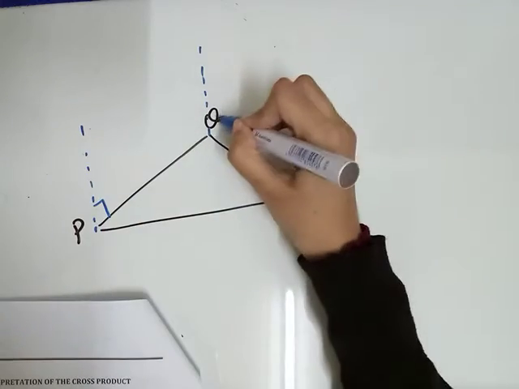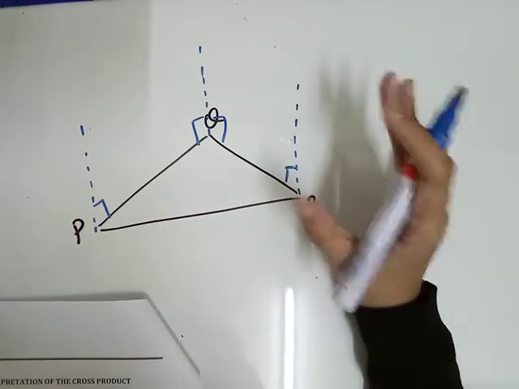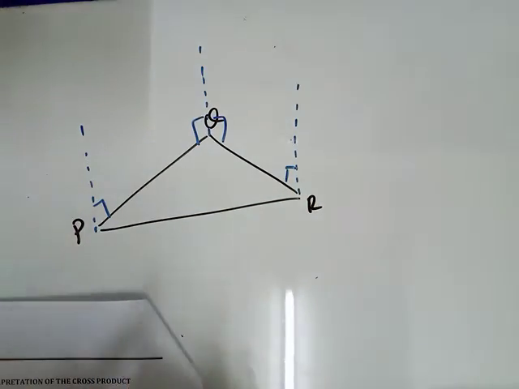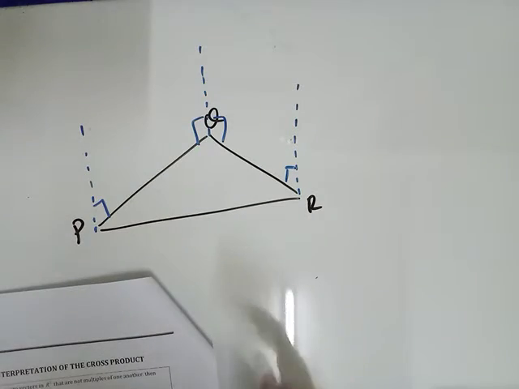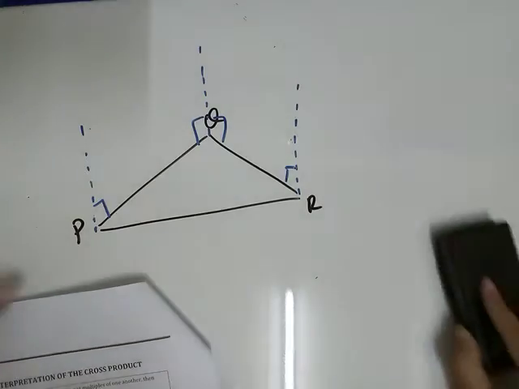Perpendicular here. So it wants us to find a vector by using the cross product. But it only gives points. When it gives points, we have to find the vectors first.